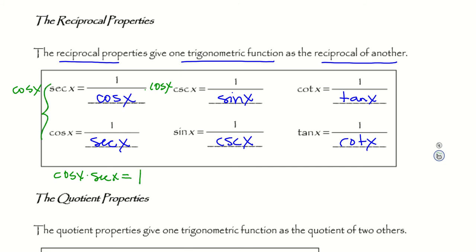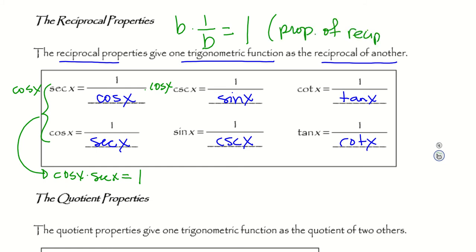So both of these have an equivalent identity that says that 1 is the same thing as the cosine times the secant. And if you think about it, that makes sense because we know that these are reciprocals, and if we take a number and multiply it by its reciprocal, we always get 1. This is called the property of reciprocals. You're going to reference this in your classwork probably more than once.